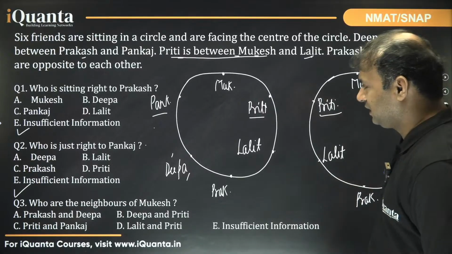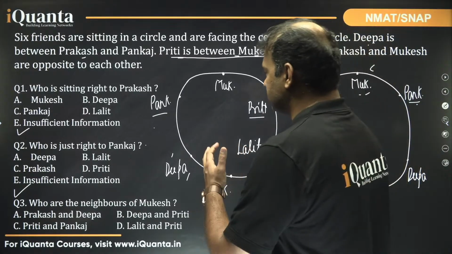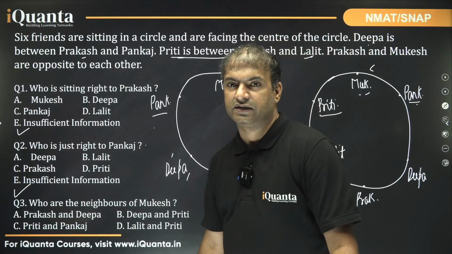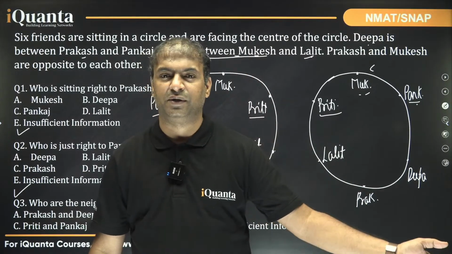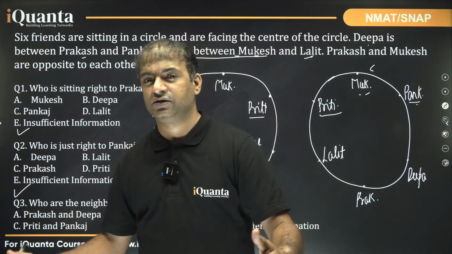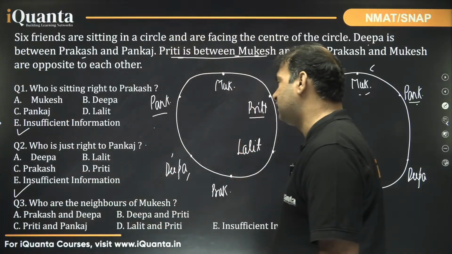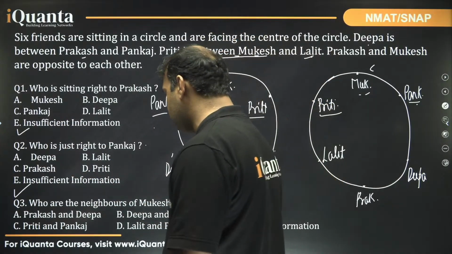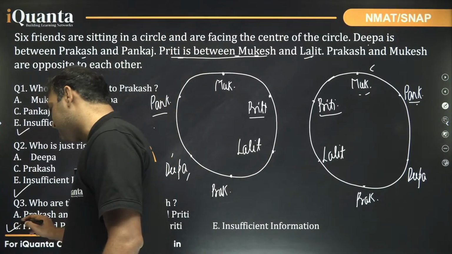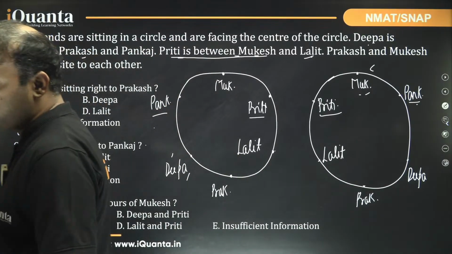So luckily, in both the cases, the neighbors of Mukesh are fixed. Maybe the right one is, in one arrangement Preeti, in the second arrangement Pankaj. But if you're talking about both the neighbors, in both the cases they are Pankaj and Preeti, fixed. So we can say Pankaj and Preeti, option C should be the right answer. So this is how we are able to arrange this one as well.